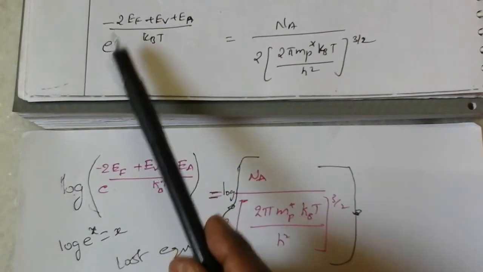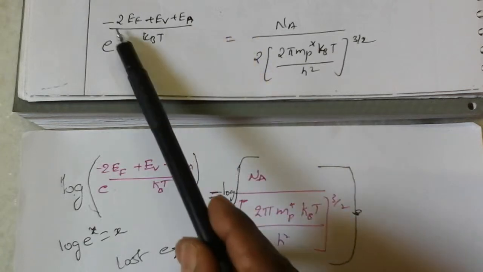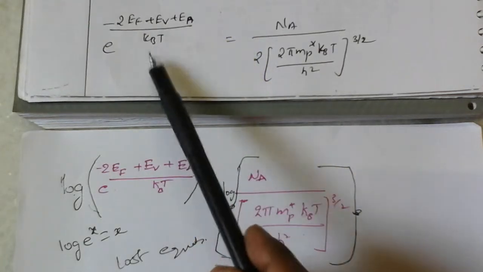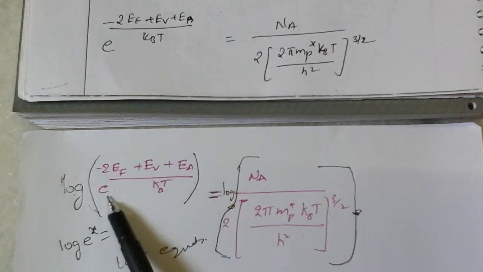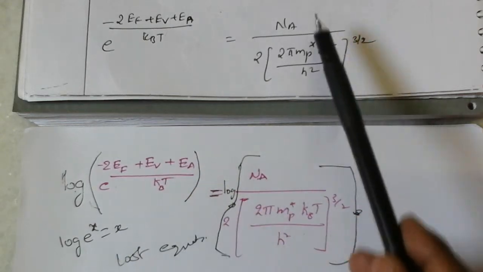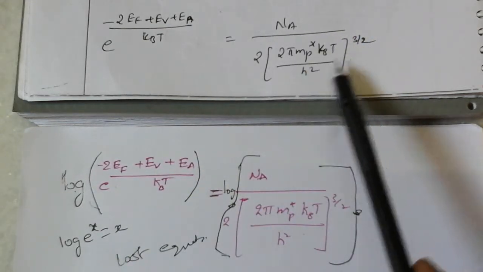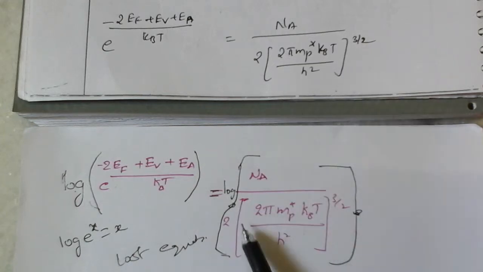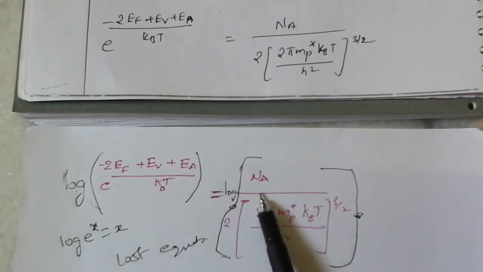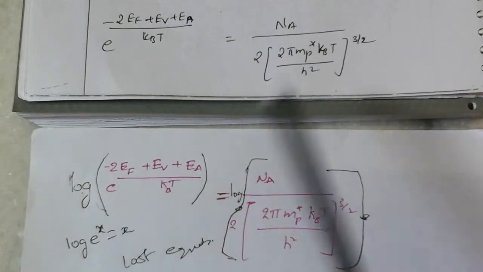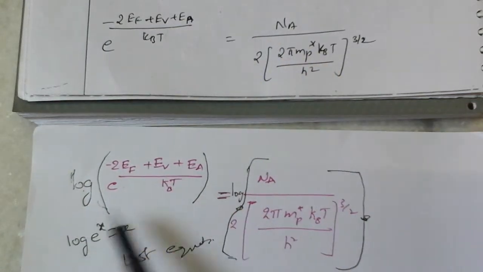This equation is equal to 2 EF minus EV plus EA by KBT, and the same equation NA by 2 into 2 pi MP star KBT by h square whole power 3 by 2. On both sides we have taken logarithm.